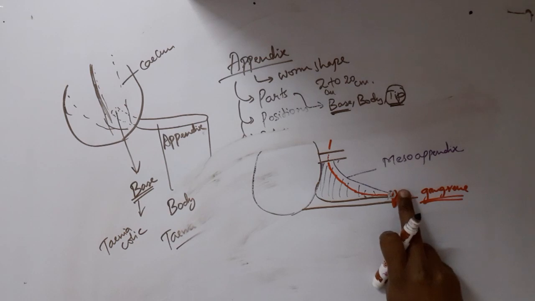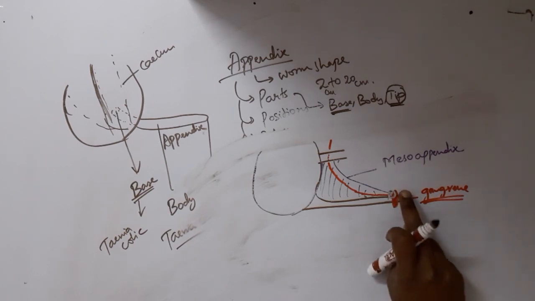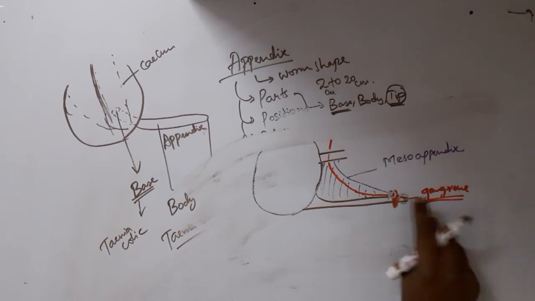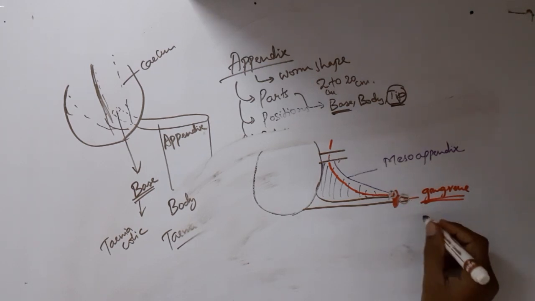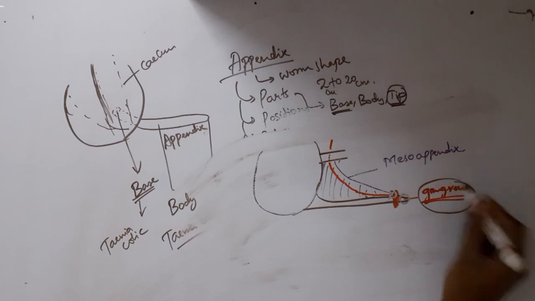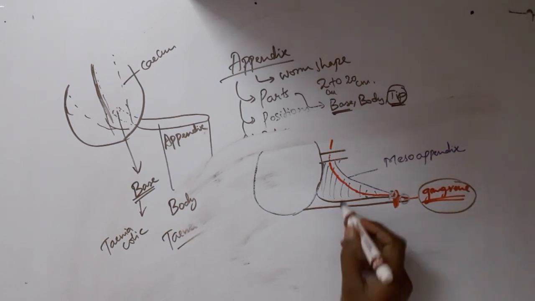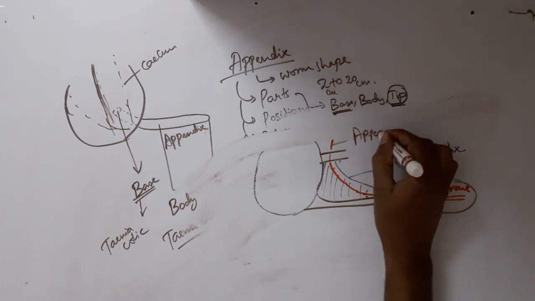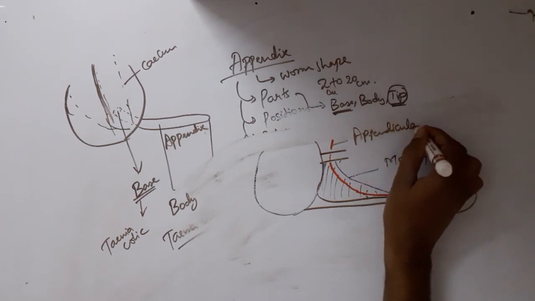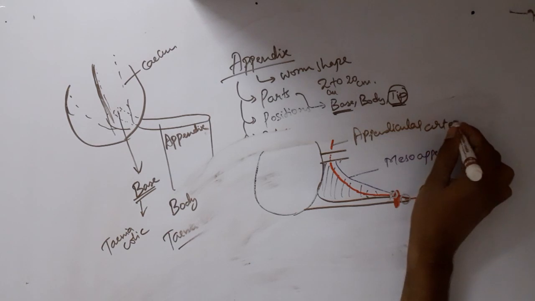When that artery is damaged, the part of the appendix distal to the damage does not get any blood supply and gets into a gangrenous condition. So this is the mesoappendix and this is your appendicular artery.